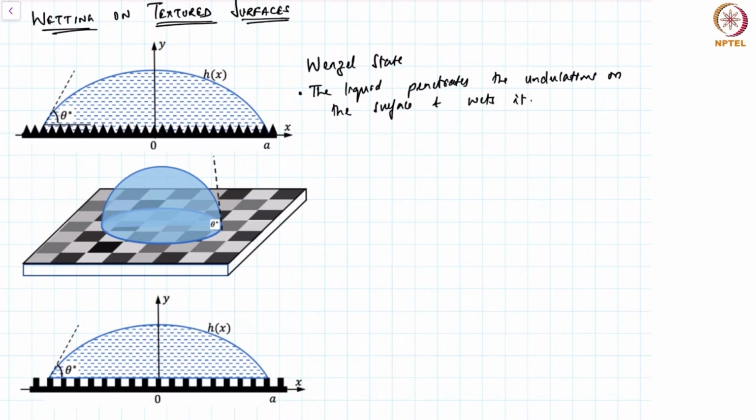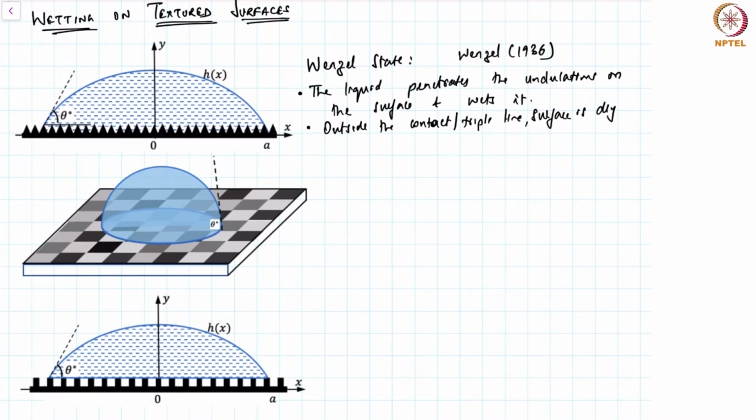That's the first point. And the second thing is outside the contact line, outside the triple line around the boundary, the surface is dry. This was observed by Wenzel, I believe in 1936. He proposed a model for this state.